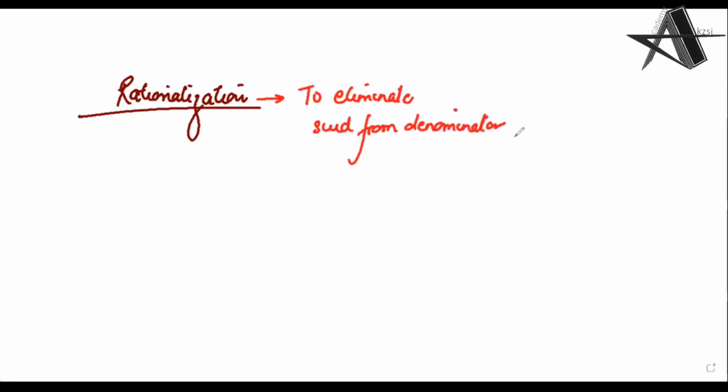It's not acceptable in mathematics. So you have to remove the surd number from the denominator. Suppose your question is 2 over root 3. That means root 3 is the surd. So how can you eliminate it? By dividing and multiplying with the same surd number that is there in the denominator.